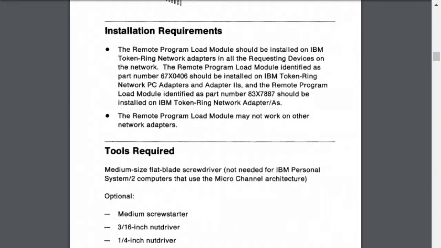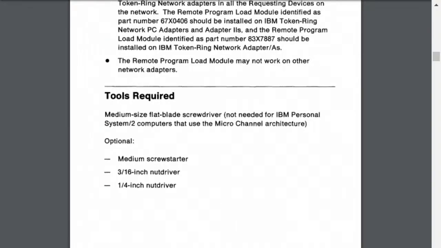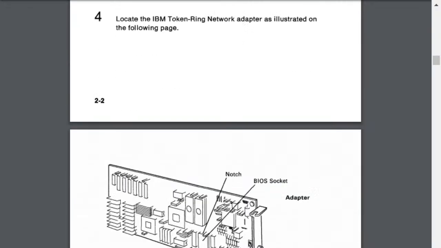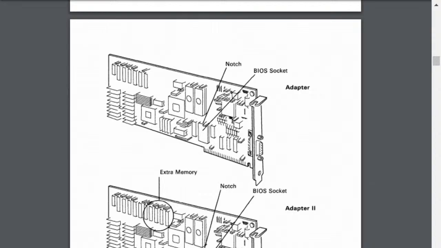And even these, it's showing the 8-bit adapters, and these are some pretty old Token Ring boards, and these are actually at the level of the 4 megabit per second boards.